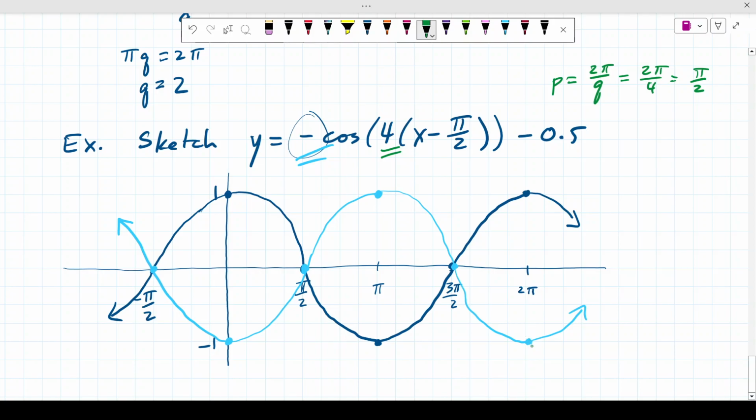So this point here is going to get compressed all the way to here. This point here is going to get compressed all the way to here. This point here is going to get compressed all the way to here. I'm taking each horizontal value and multiplying it by 1 over Q. I'm taking 2 pi and multiplying it by 1 over Q, and I'm getting pi over 2.